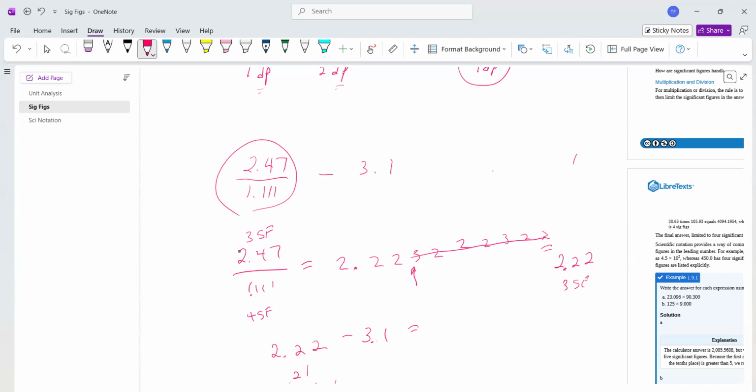So we have 2 decimal places, 1 decimal place. So our answer is going to have 1 decimal place. Okay, so we're going to go 2.22 minus 3.1.